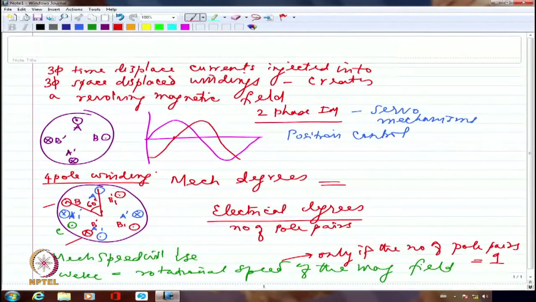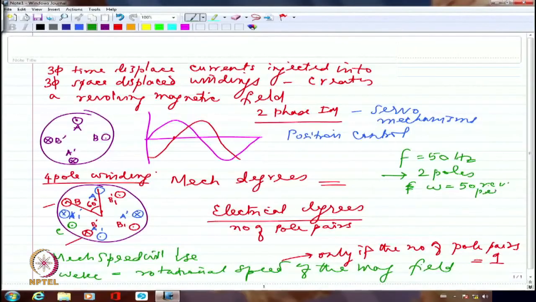So if I say that it is actually 50 hertz, right? If I say it's a 50 hertz supply, which is the normal supply what we use. So if I say that F is equal to 50 hertz, then I am going to get for 2 poles, the rotational speed also as 50 revolutions per second.